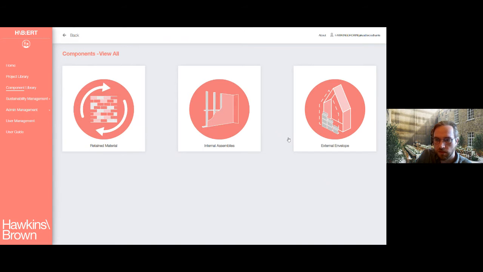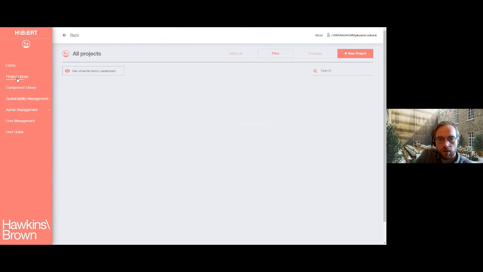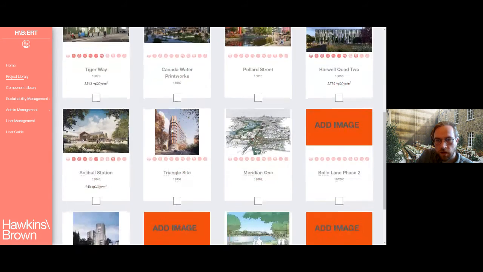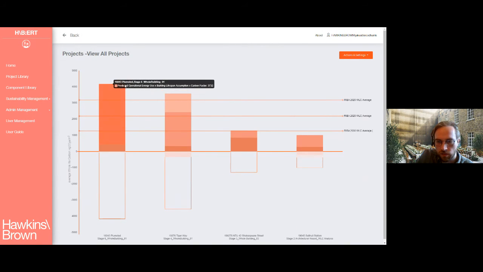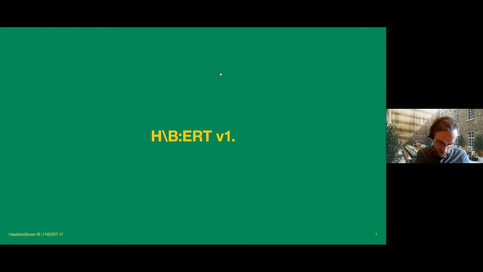Once we have that, we have the components that build up into projects. We load a load of projects up here, with the eventual aim that when they've fully gone through the process, we can have this leaderboard of benchmarks, and we can see all projects in the office. As Joe was saying, competition and comparative analysis I find to be a very useful driver here.